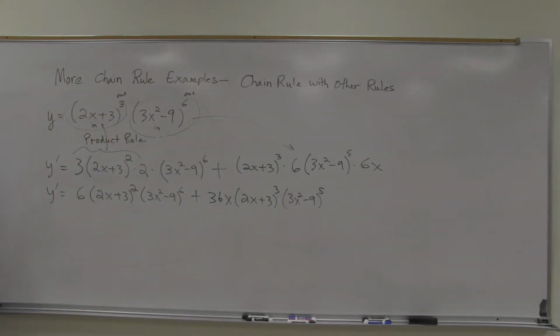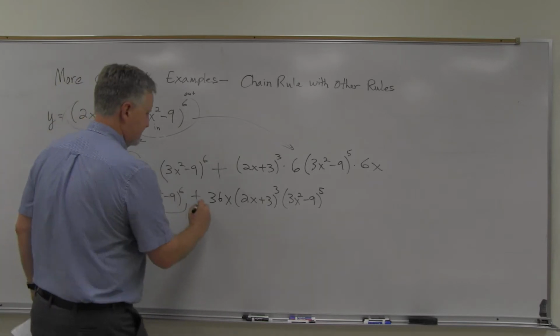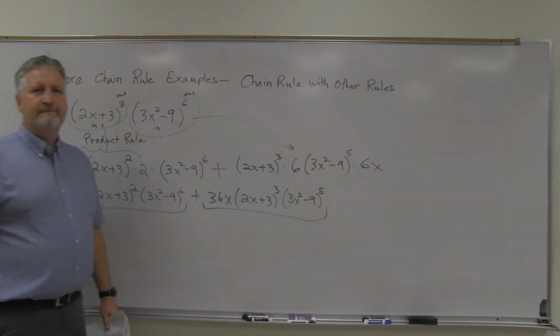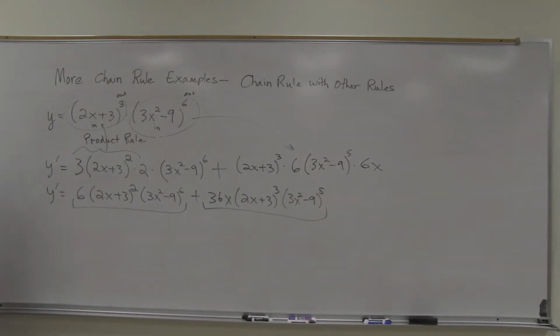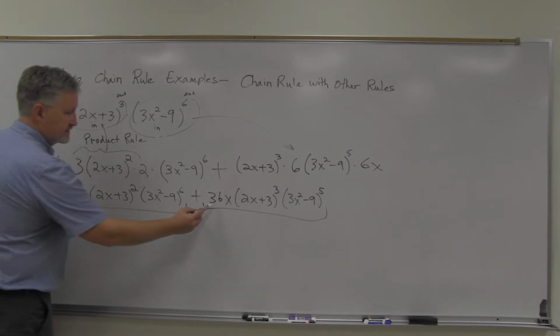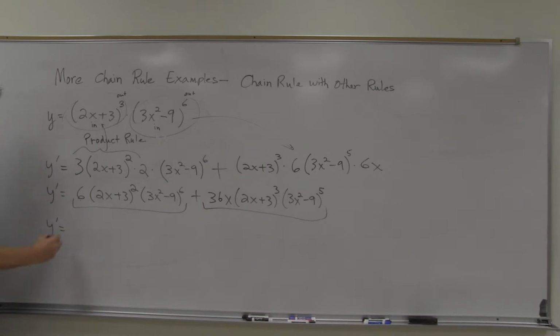Now, here's how we're going to clean this one up, besides that. You notice here, these two parts have a lot of common factors. So let's factor this up, because we can do better than that. So this is what I want you to do on this one. You'll notice the common factor, I've got 6 and 36. So I've got a common factor of 6. So what I'm doing is I'm pulling out the common factors here.